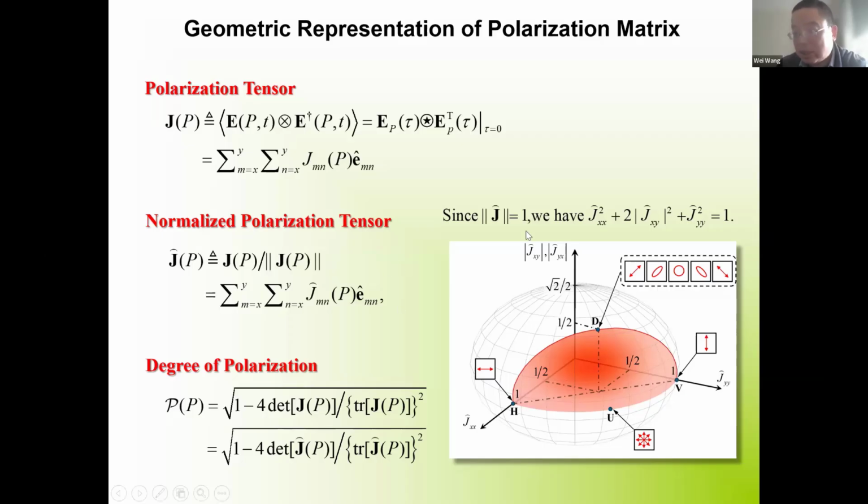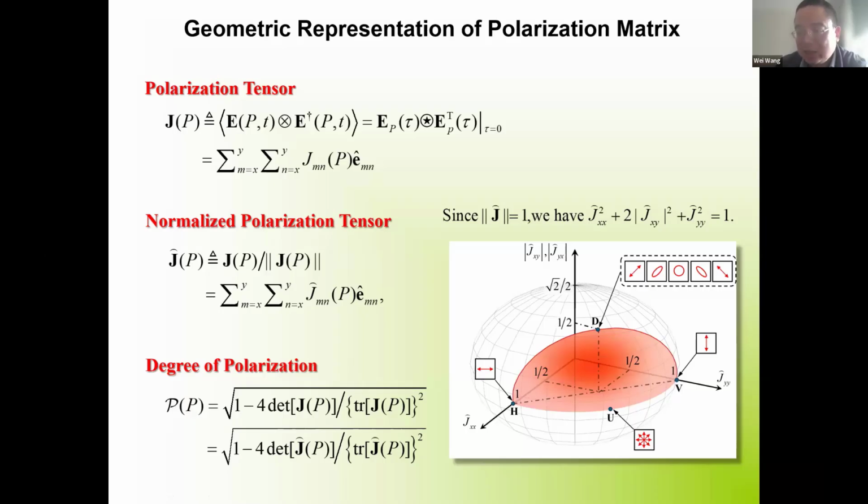Meanwhile, the normalized polarization tensor has a Frobenius norm equal to 1, so we have these ellipsoidal equations. Through them, we can represent various states of polarization for partially polarized light.